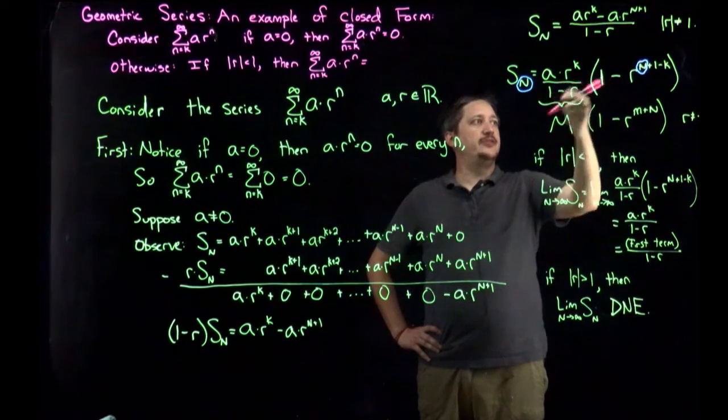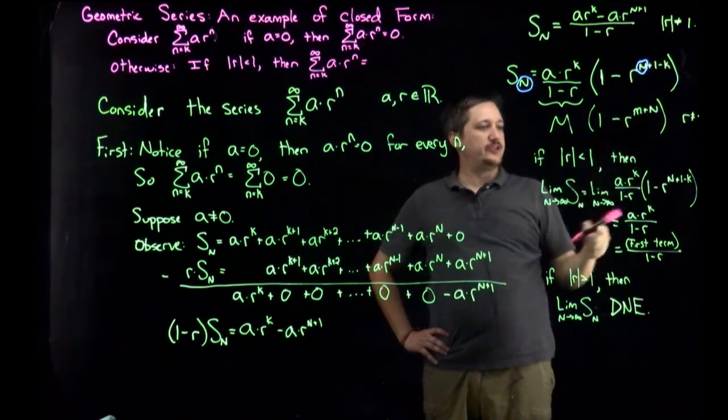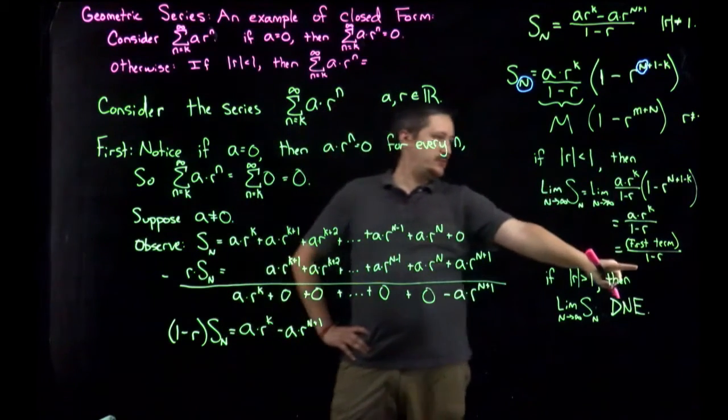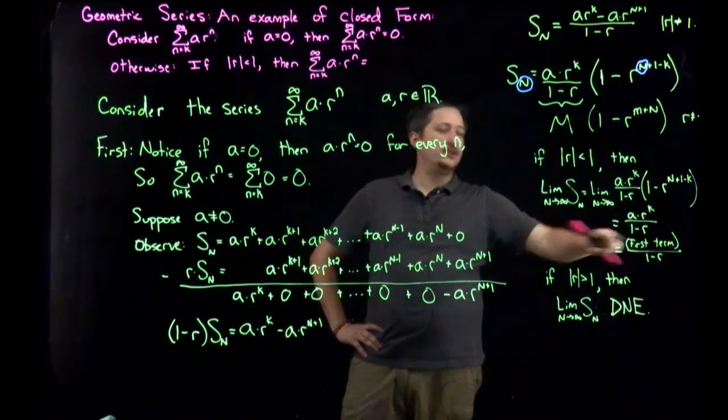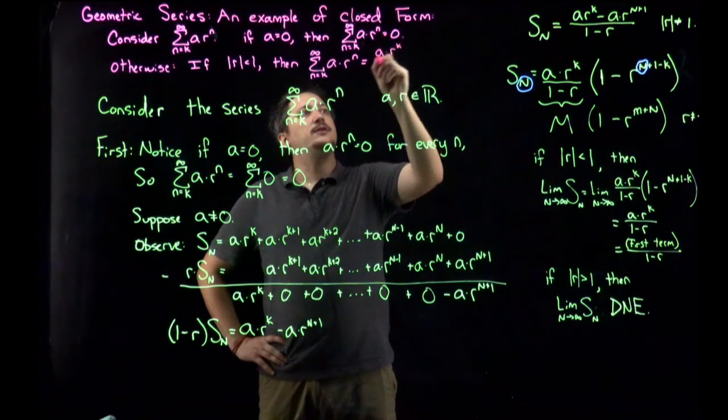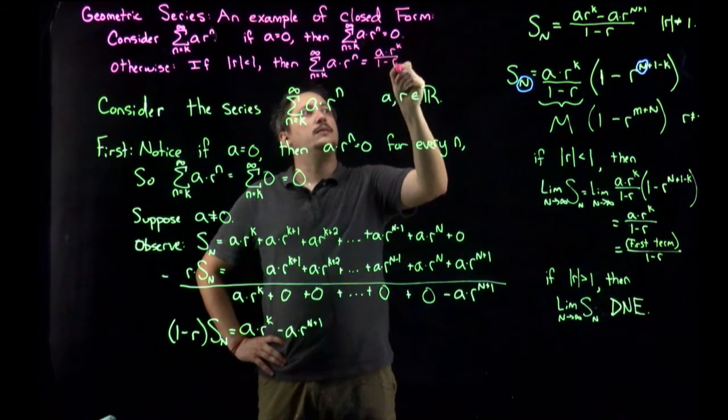So it was 1 times this because we had minus, and then this thing went to 0. That was this first case. So this is exactly right here, a times r to the k over 1 minus r.